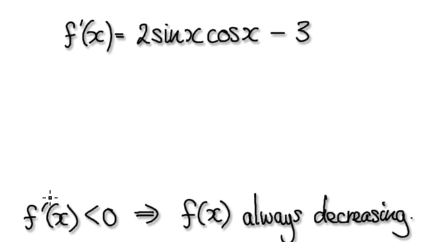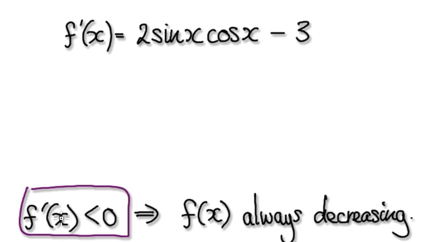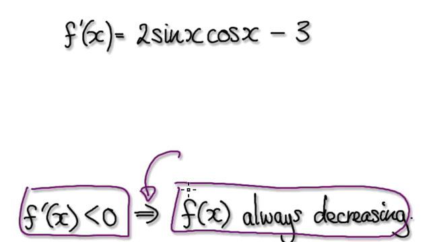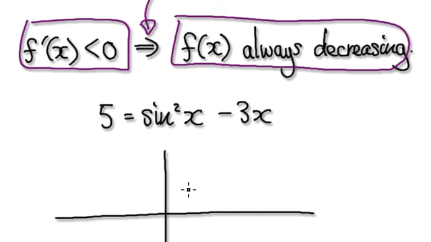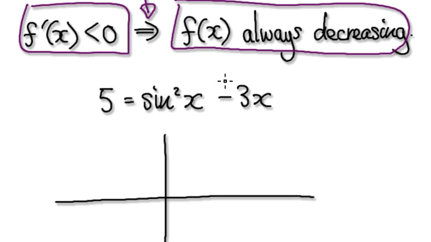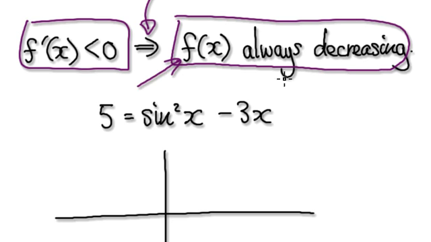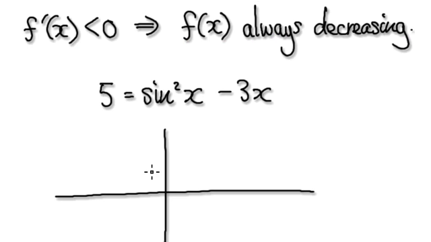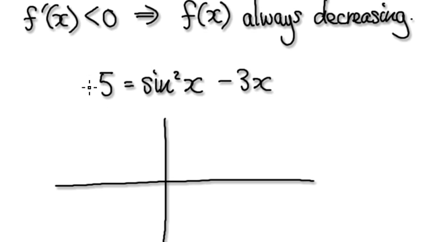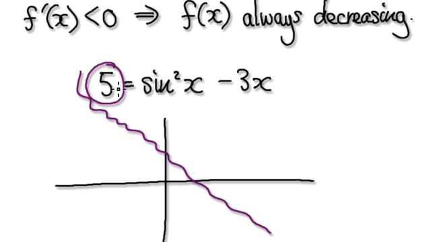Now, if f prime is always negative, then it implies that the original f of x is always decreasing. If the original function is always decreasing, then you've got something like this, and y equals 5 would look something like this.